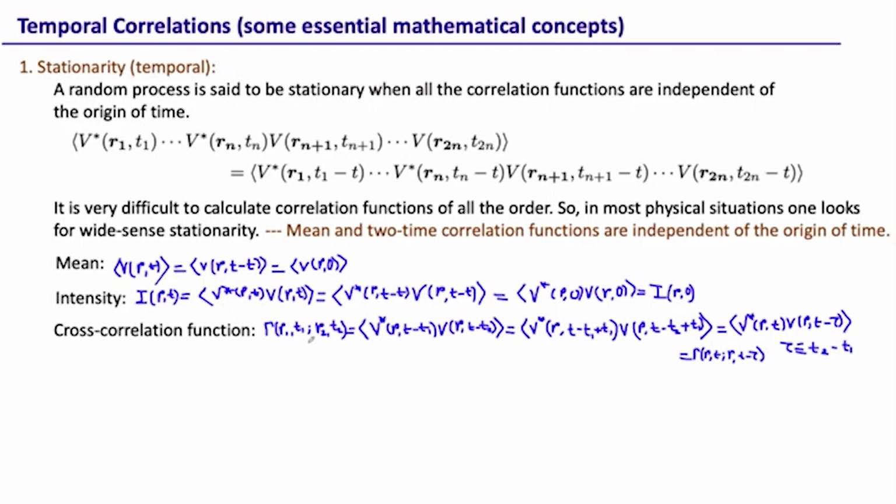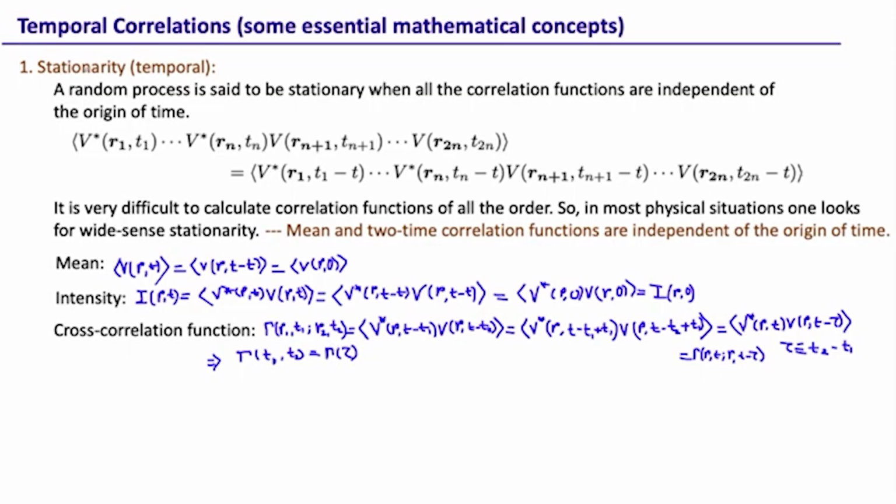So the gamma that had t1, t2, if it has to be independent of the origin of time, then it has to be equal to gamma with just t and t minus tau. In fact, if we don't write the r1, r2 notation and just take the time arguments, we can write gamma (t1, t2), this two time argument thing, equal to gamma of tau.